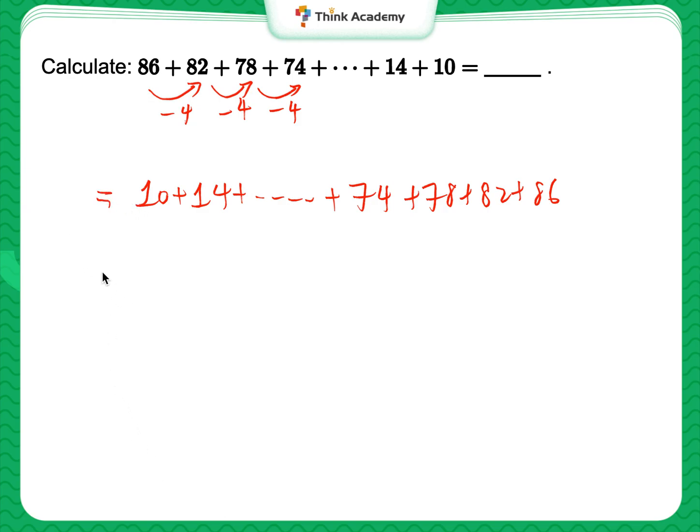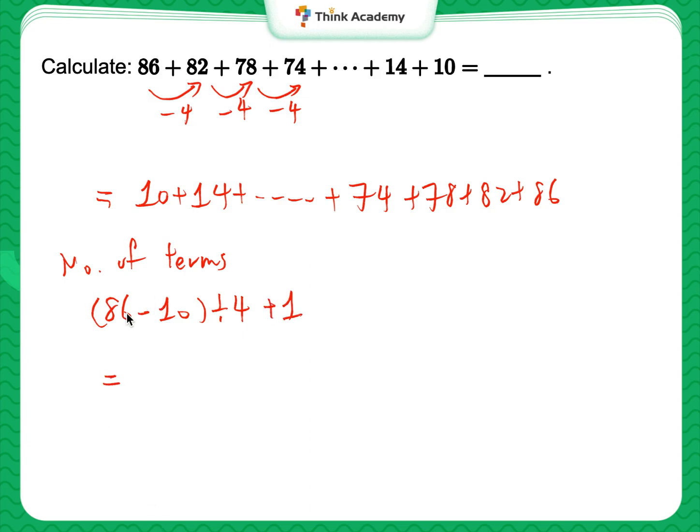And then we can just try to find the number of terms in the sequence. So the number of terms can be calculated by the last term, 86, take away the first term, 10, divided by the common difference, 4, and adding 1, or any other ways you like.